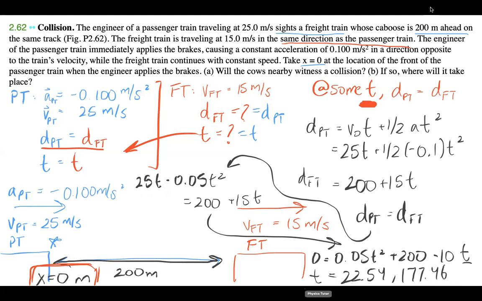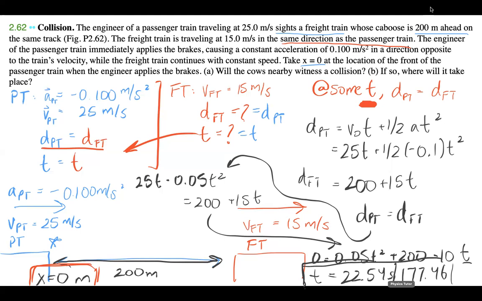And really, we can just choose the first one because if it already collided, then it's not really going to get to the second time. So we choose the first one. That's the one that makes sense. So because we even got a number that's a real value, that means yes, it's going to happen. The collision is going to happen at the time equal to 22.54 seconds.